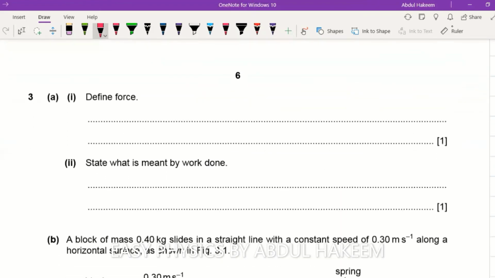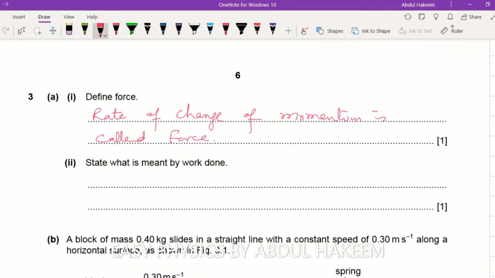Next question is define force. Simply, rate of change of momentum is called force. State what is meant by work done. Look, 1 mark. You can write the meaning, you can write the definition, it's up to you, but the 1 mark is acceptable.